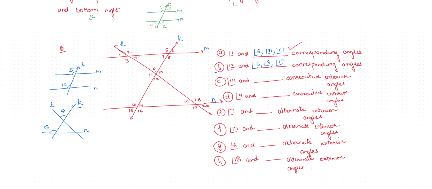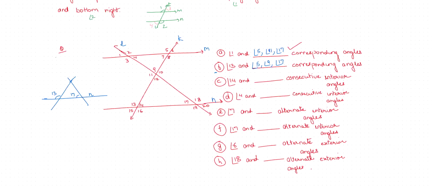So the two lines it is intersecting are L and N, and K is the transversal line. So it is cut by the same transversal line K, and 13 and 9 are the corresponding angles.